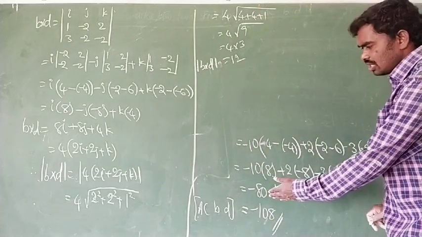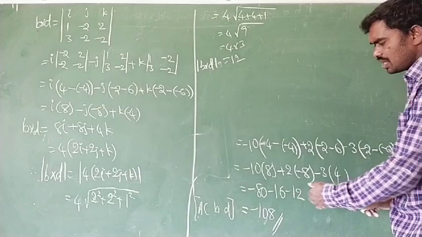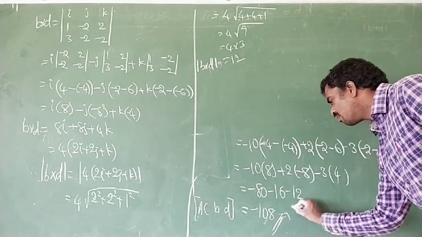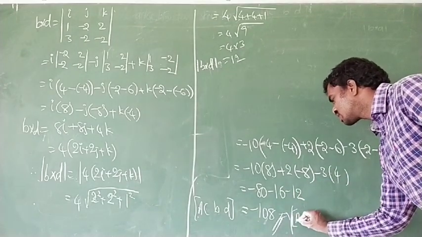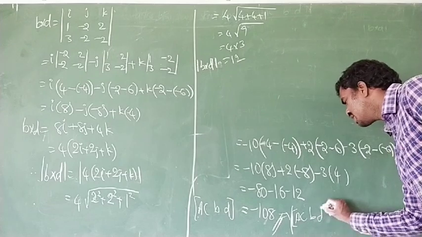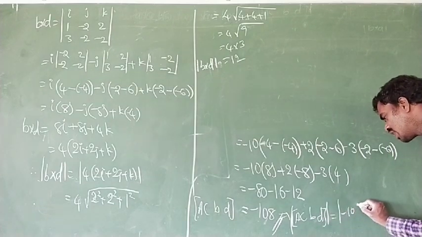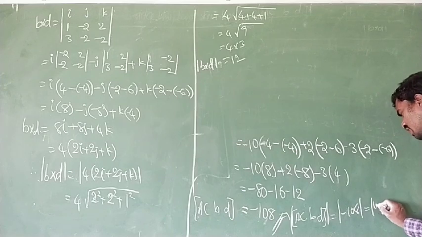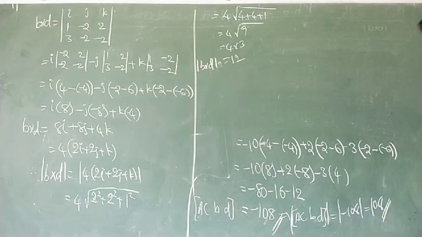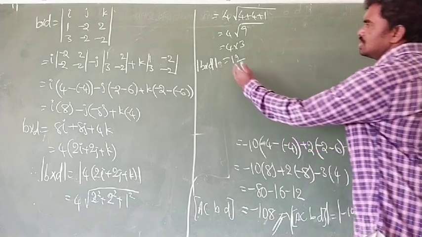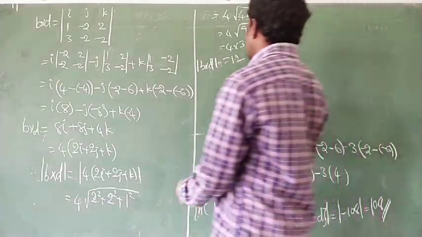And actually the formula box ACBD, that implies modulus box ACBD is equal to modulus minus 108, which is equal to 108. Okay, so this is one answer, the numerator. This is mod b cross d, the denominator. Got it.